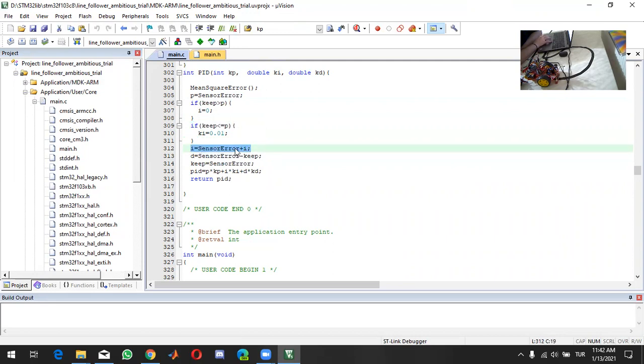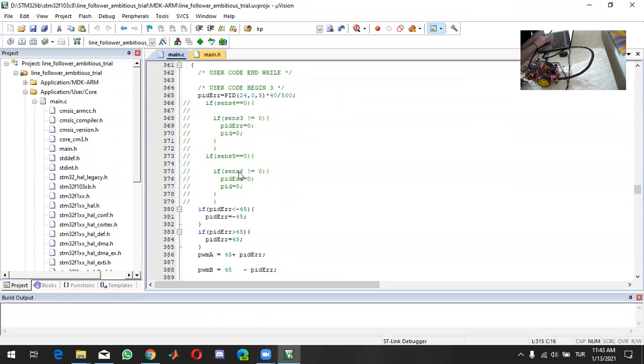I is equal to sensor error plus I, which means it just increases by the sensor error with every call of the PID function. When you call this function, we will multiply P times KP, I times KI.